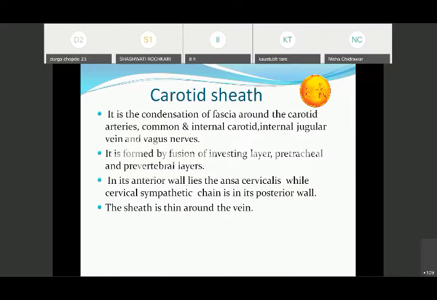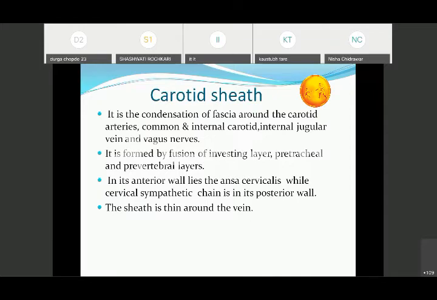It has many layers, that is, the prevertebral layer and pretracheal layer. All these layers are the investing layer. These are the deep cervical fascia, which covers the neck like a collar. So we'll see later on.